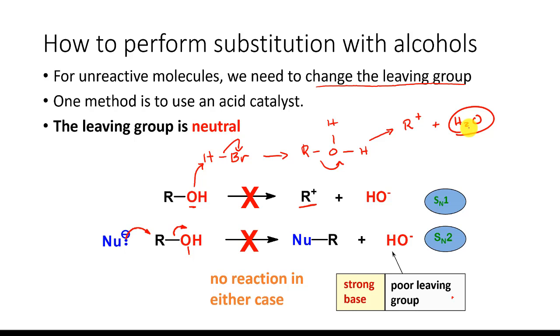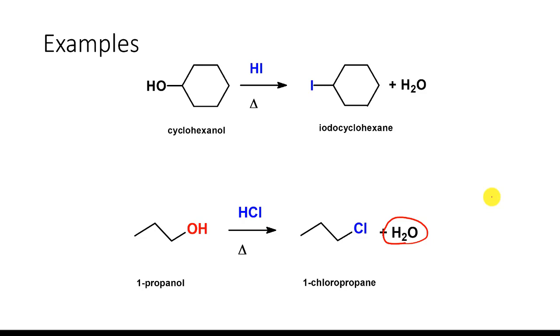In nucleophilic reactions, the same type of behavior is observed. First we protonate, so there would be a step before here. The nucleophile attacks, and then instead of leaving as OH, it leaves as H2O. So let's look at a couple of examples. Here's a reaction of cyclohexanol with hydroiodic acid.